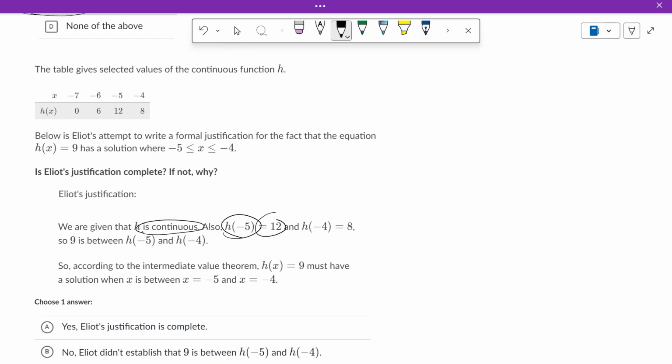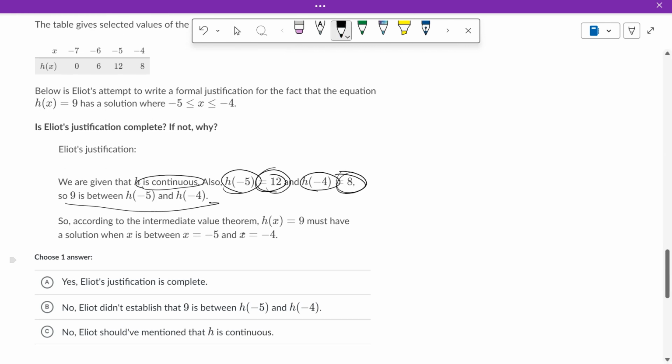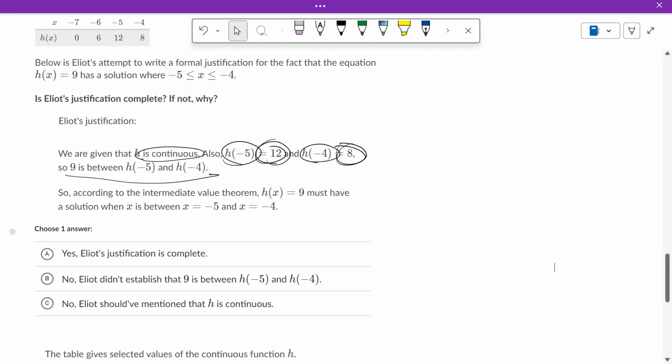If this is at 12 and this is at 8 and 9 is in between 12 and 8, thus the intermediate value theorem applies. So he established that h is continuous.